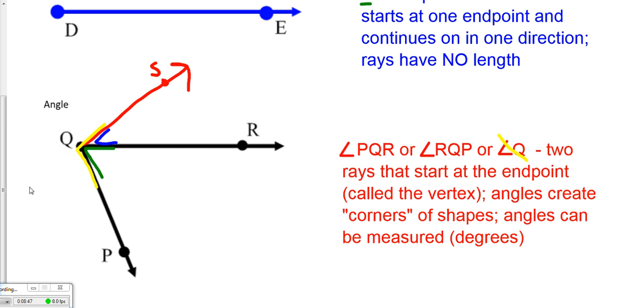But as long as there are just these two rays here, you can call it angle Q. That's fine.